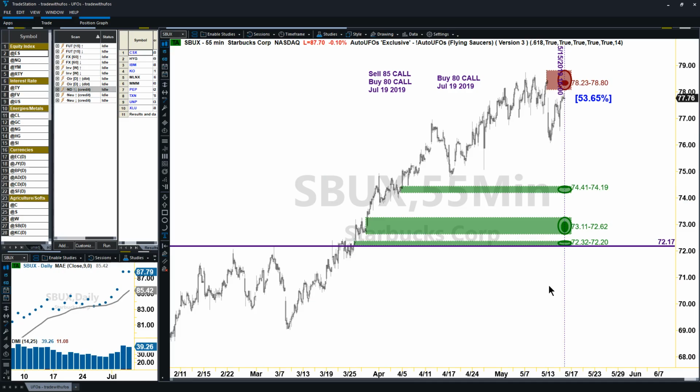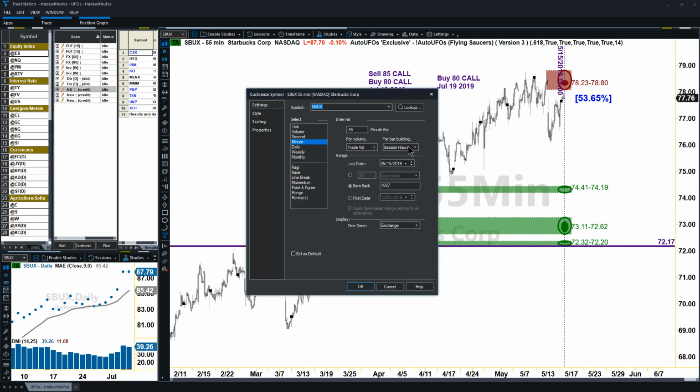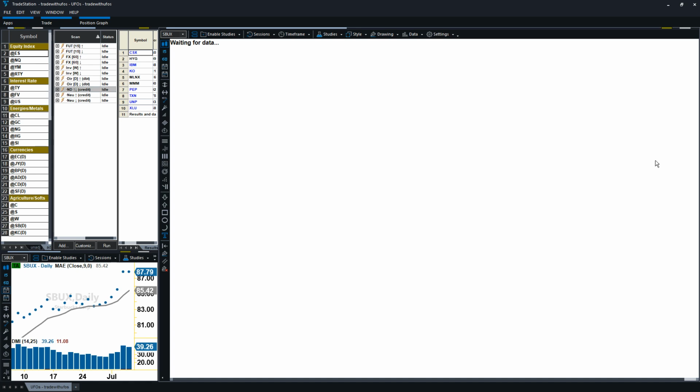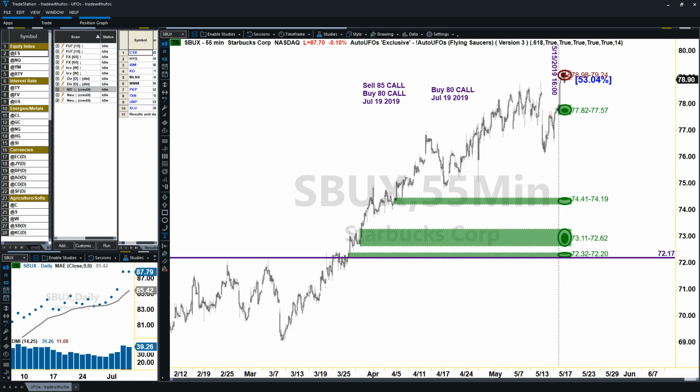So let's say the next day at the open, well, actually, if it's the next day, then I need to change that. One second, guys. So 515, 516. Let me see if the next day we went above the red UFO. Yes, the next day we went above the red UFO.